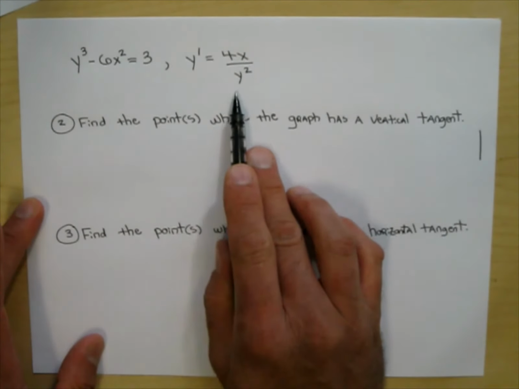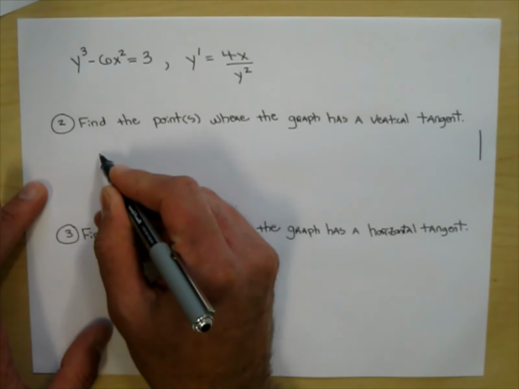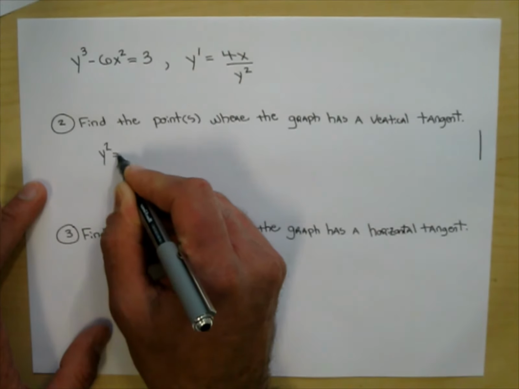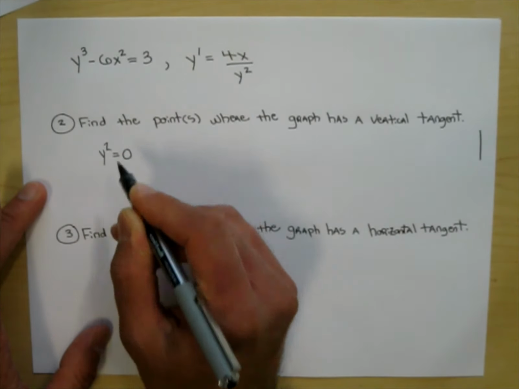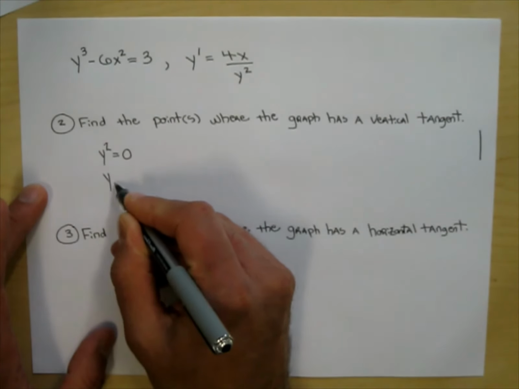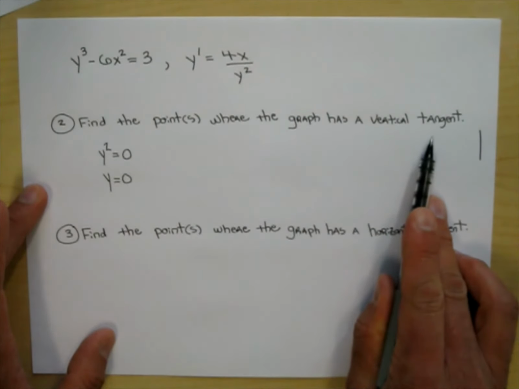So the bottom of the slope is 0. I'm going to set y squared equal to 0. What does that tell me about y? y equals 0. So this thing will have a vertical tangent line.